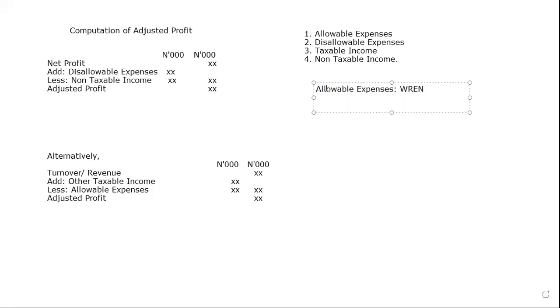Now let's look at examples of these allowable expenses. Number one, rent paid for premises. Two, insurance premium. Three, repairs and maintenance.